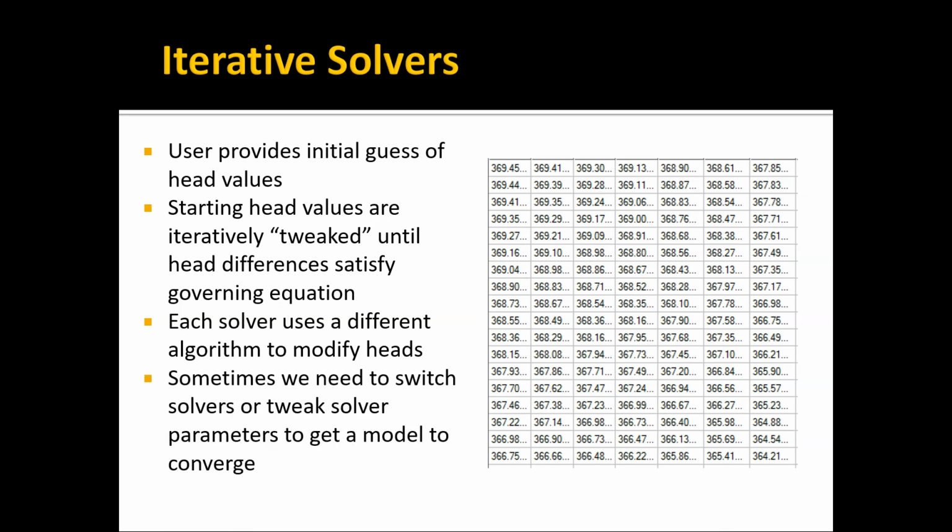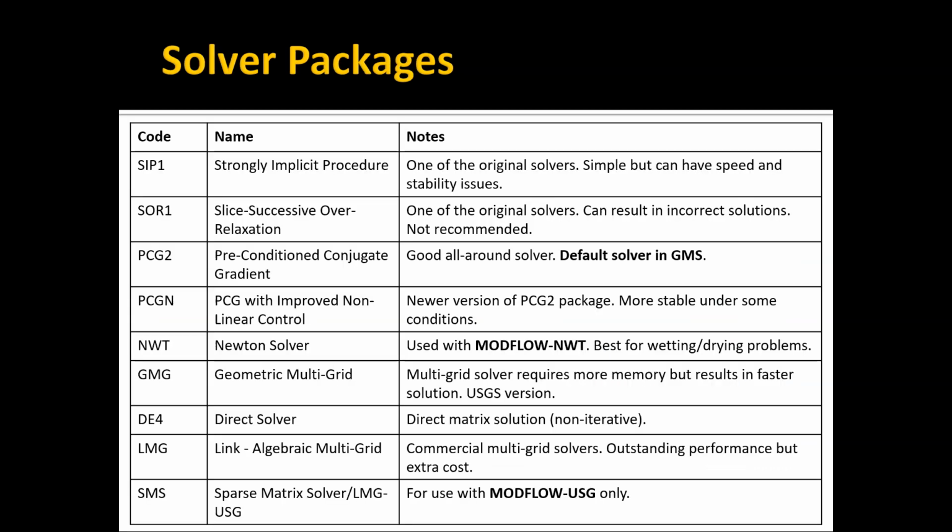And sometimes we need to switch solvers or play with our solver parameters in order to get a model to converge. What does it mean when it doesn't converge? Well, maybe it tries hundreds of iterations and it can't settle in on a solution. The heads keep changing without reaching a point where they satisfy the governing equation.